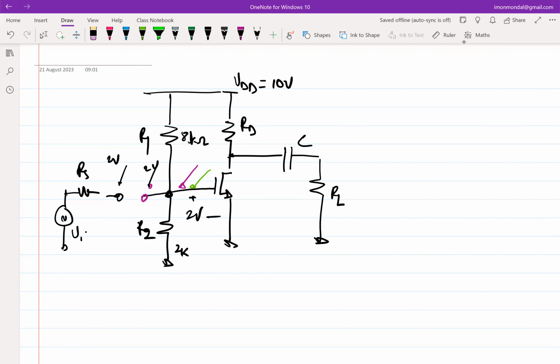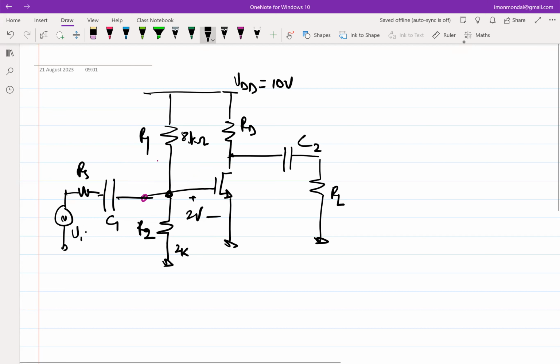Instead of a battery, we can put a very large capacitor, which mimics a battery. So let's call this C1, let's call this C2. So naturally, if I put a capacitor, at DC a capacitor is open circuit, nothing loads. So this value becomes 2 volt. This is RS. Let's say RS is 1 kilo ohm.